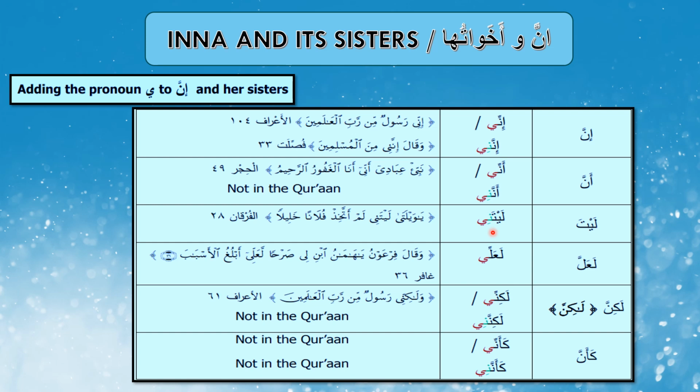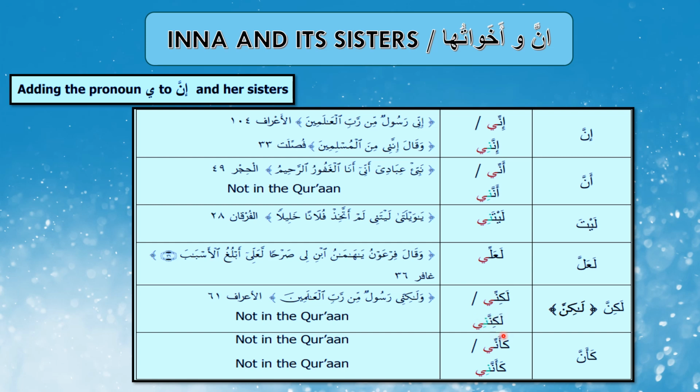They cannot be dust. And now we see la'alla. La'alla can be directly added as la'alli. So there is no noon al-wiqaya for la'alla. It can be directly added and the lam takes the kasra. Lakinna can take the noon al-wiqaya, or it can be directly added to the ya mutakallim as lakinnani or lakinni.